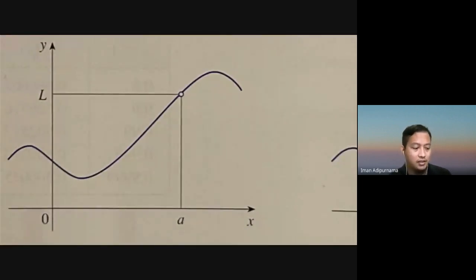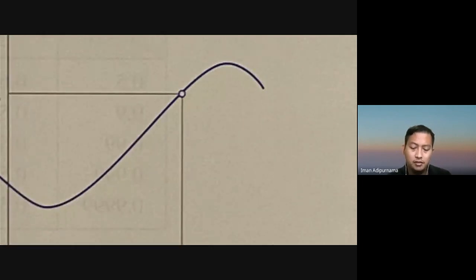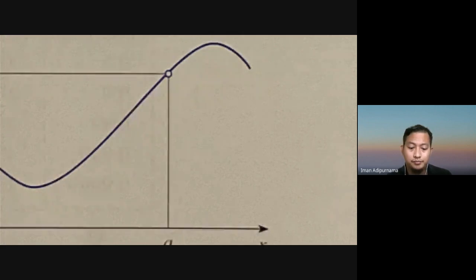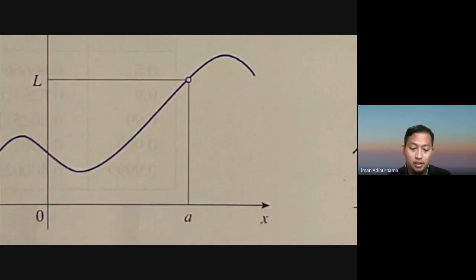But again, maybe in your high school, or maybe in your textbook, your textbook also pictures the graph like this. There is a hole. But remember, if you draw the graph in real life using some software or some calculator, this will not be shown, because the hole is actually only a dot.